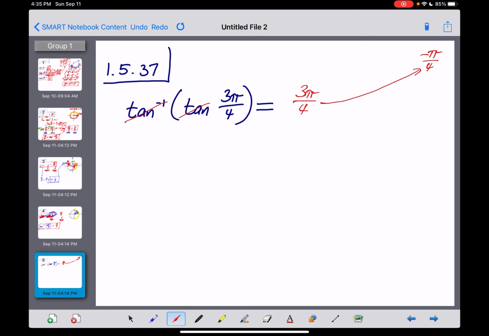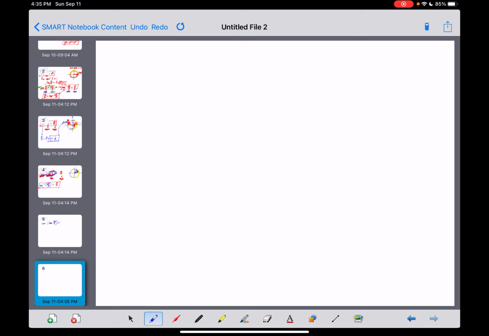Well, we've got to slow our roll just a little bit and think more carefully about some of these rules. If you don't know these from last year in pre-calc, it wouldn't be a terrible idea to write this down. Anytime you are being asked to come up with the inverse sine of a particular ratio, what you need to know is that theta can be any angle in between negative pi over 2 is less than or equal to theta, which is less than or equal to positive pi over 2.